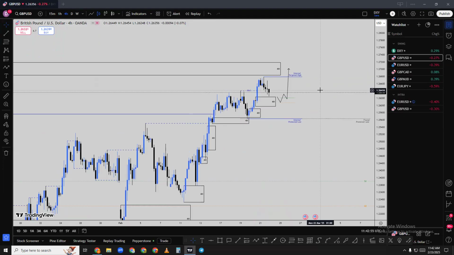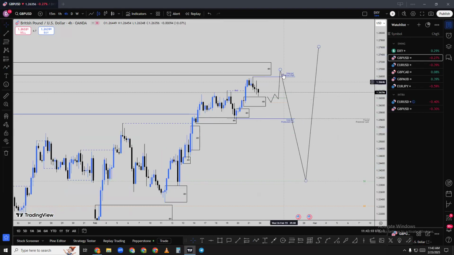Okay, so once we tap into that 4 hourly demand zone, my expectation is for us to buy until we mitigate that 4 hourly zone, and then we can sell this market, all the way to the downside, and then something of the sort.